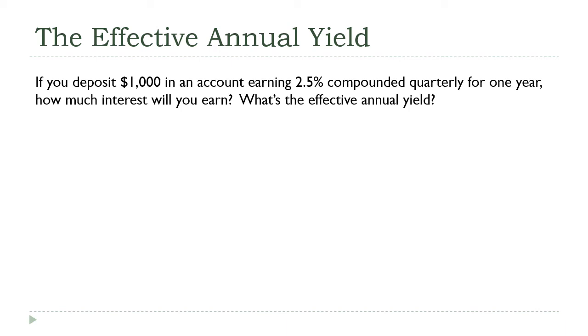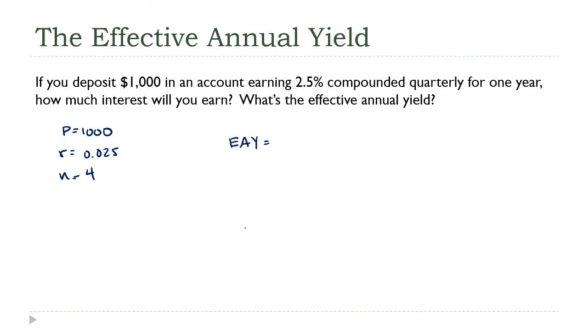I'm going to use my formula, because since I know what the answer should be already, I'll know whether or not my formula works and I'm doing it right. All right, so what do we have here? The principal is $1,000. The interest rate is 0.025, and we're doing this quarterly, so n is going to be 4.